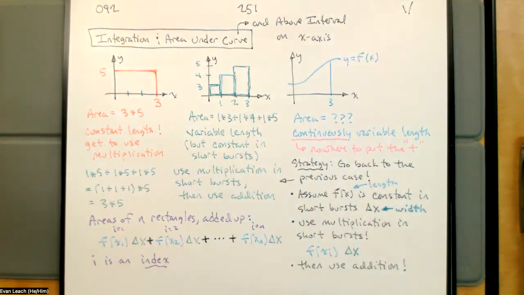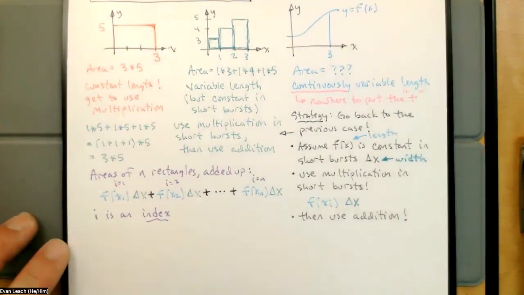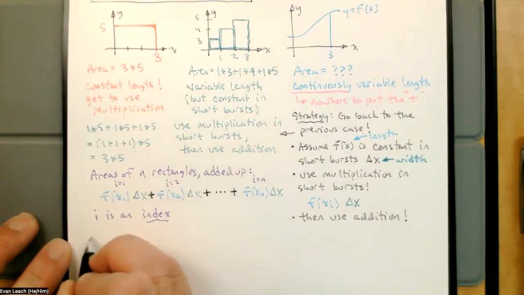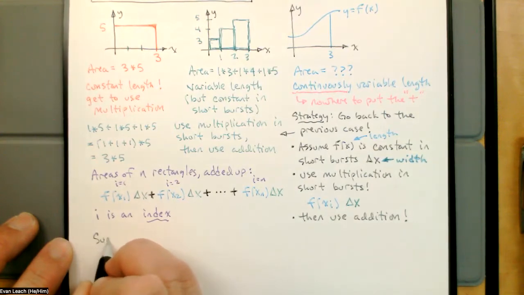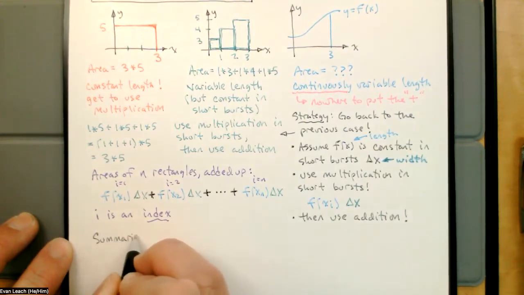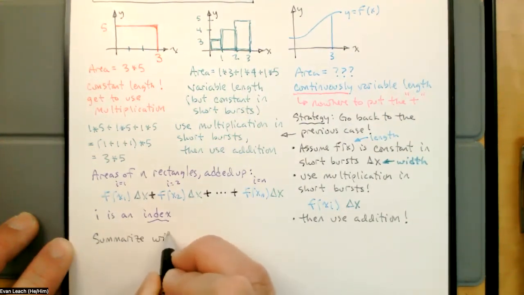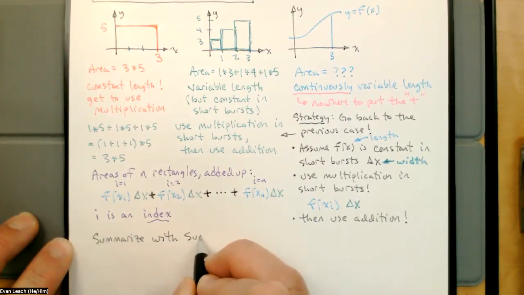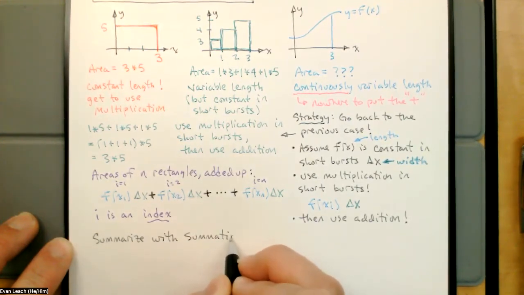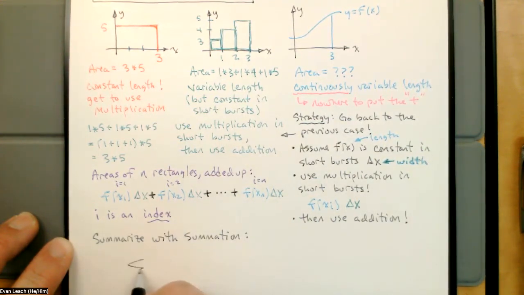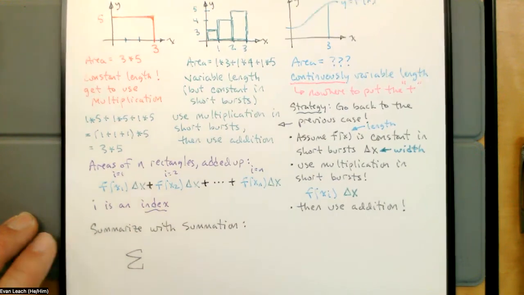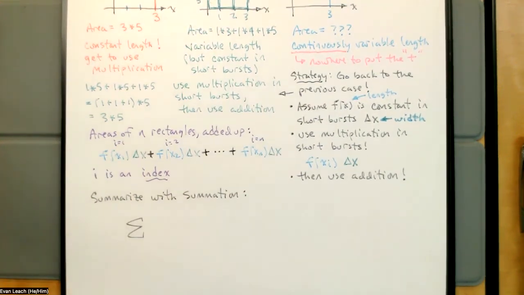So we can summarize this with summation notation. We use a capital sigma for sum. There's an index.